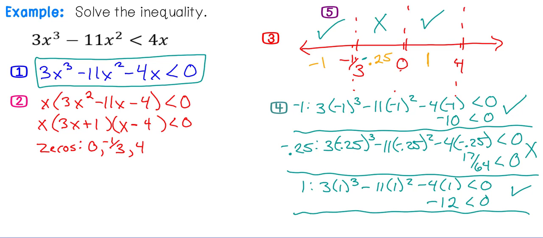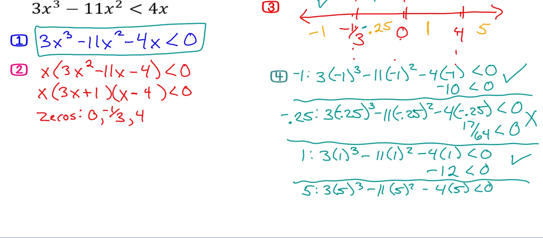And then for the last one, I'm just going to use 5. So if I plug 5 in, 3 times 5 cubed minus 11 times 5 squared minus 4 times 5. Is it less than 0? Well, my answer is 80.